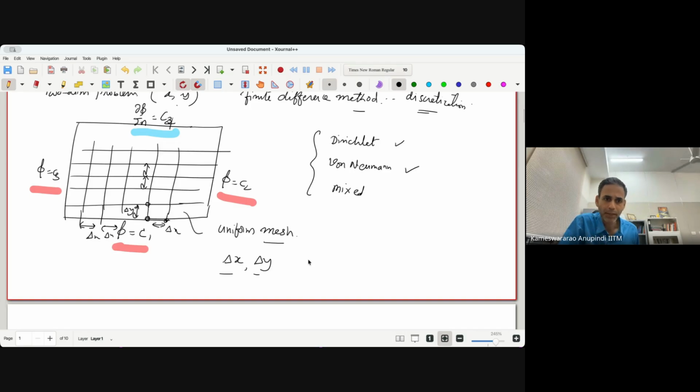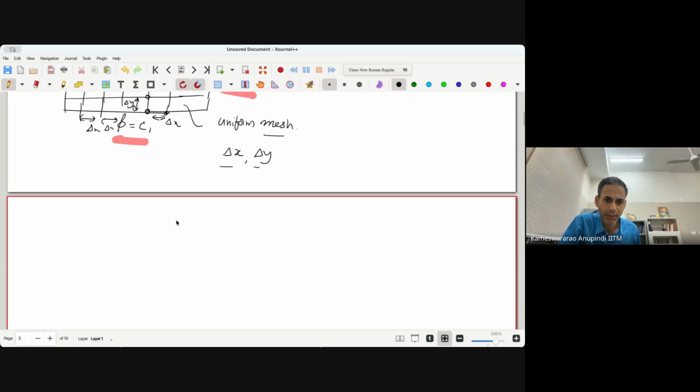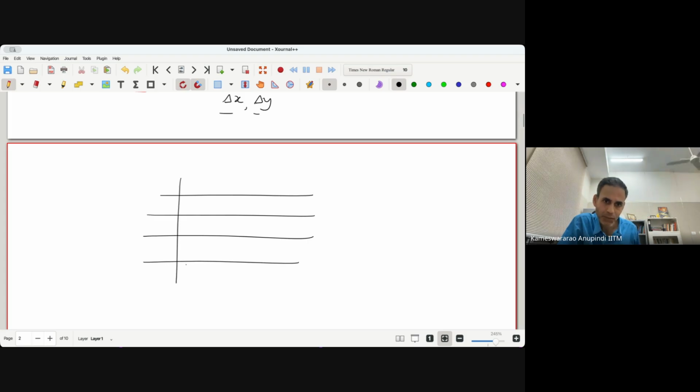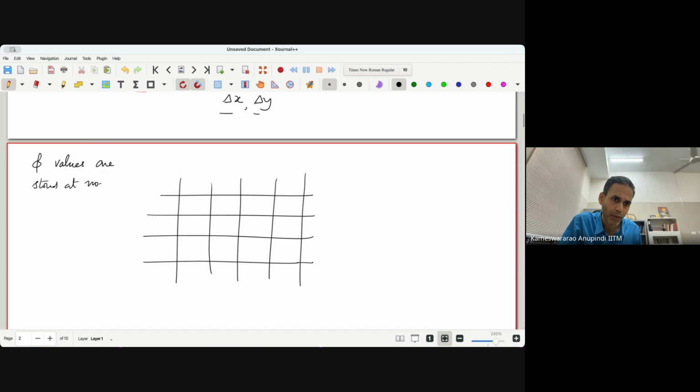So let me redraw this figure slightly here. That is the grid we are dealing with, and we are storing our phi values at the nodes, or vertices.